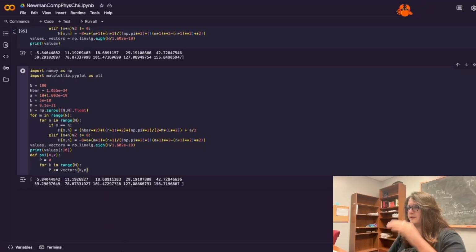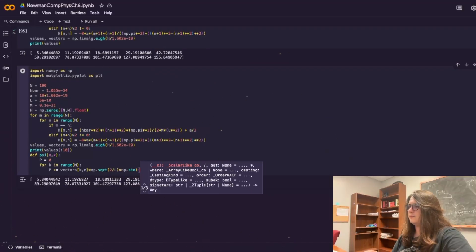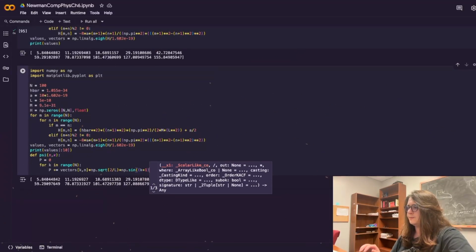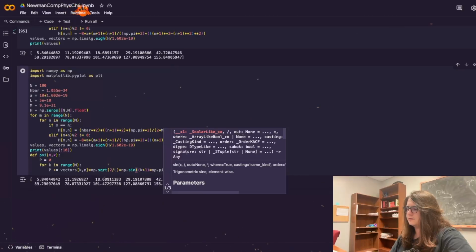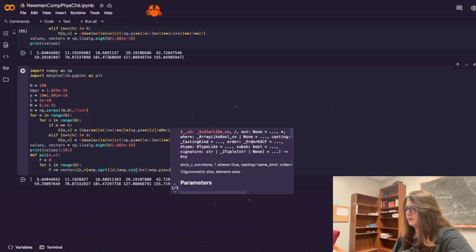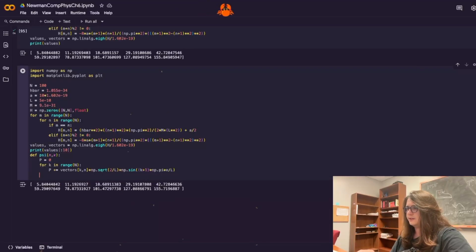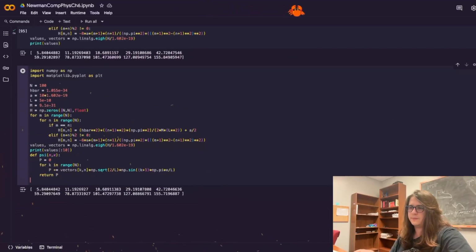So it's the kth value of the eigenvector for a given column n, which represents the given state that you're in. You multiply that by a normalization constant of 2 over L, and also multiply that by NumPy sine. Instead of n in here, you'd use k plus 1, because it's a sum over k times pi times x all over L, right? And at the end, you can just return p, right?